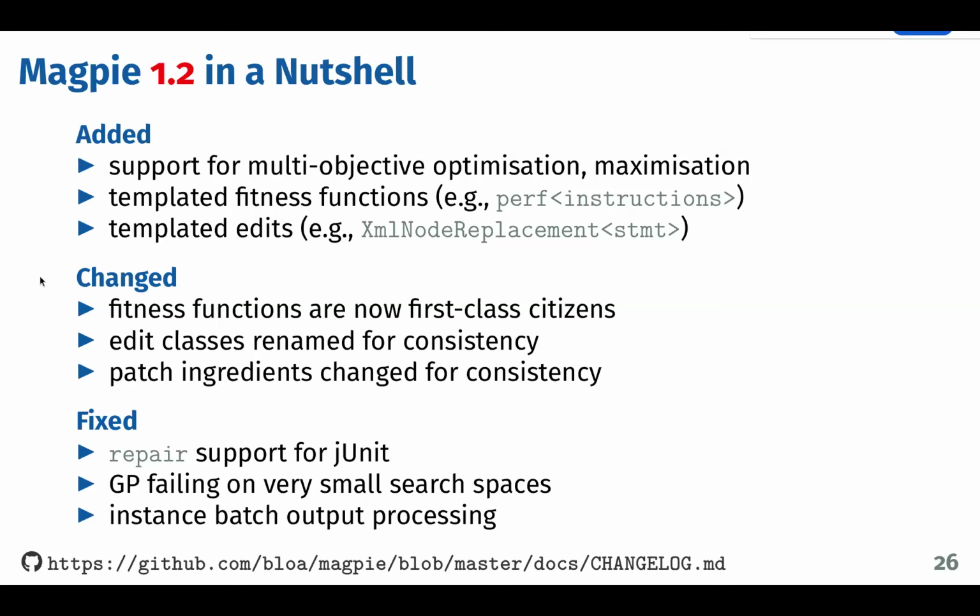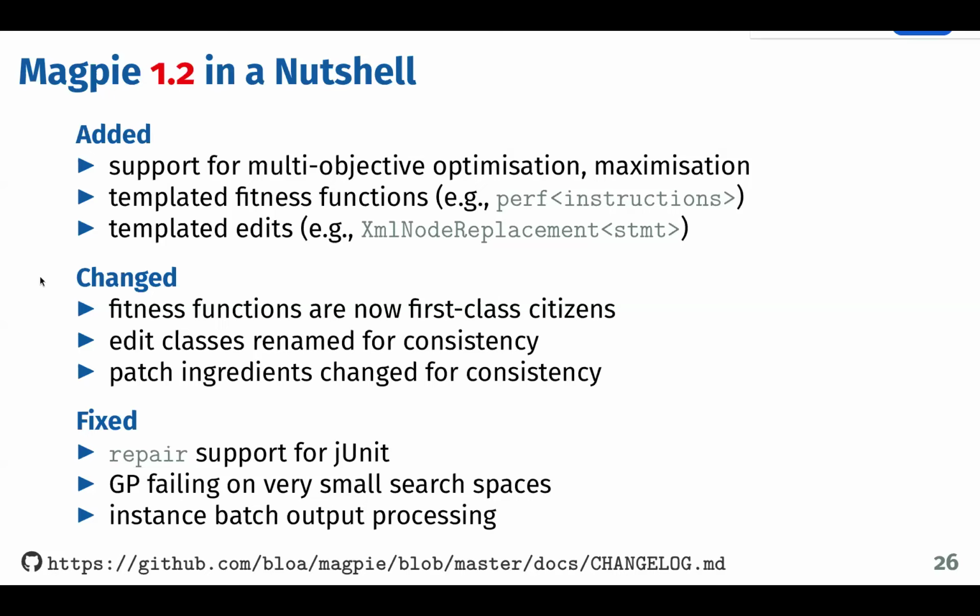Support for maximization: you can, for example, say my fitness is time, and it will try to minimize time while still passing the test suite, or you can say I want to minimize minus time, and it will try to generate variants that take more and more time, still passing the test suite. So yeah, that's the same thing as multi-objective optimization.